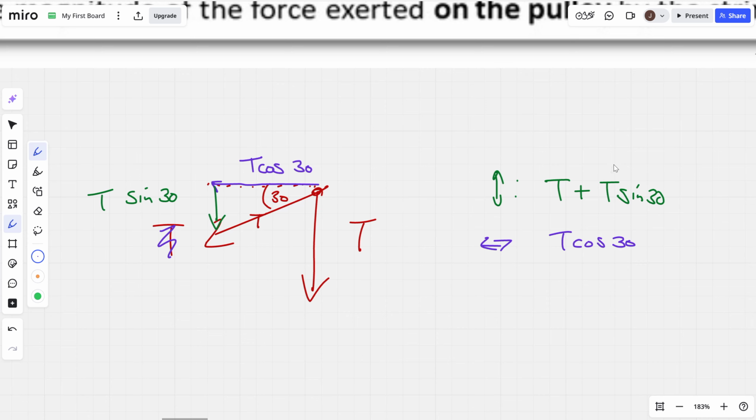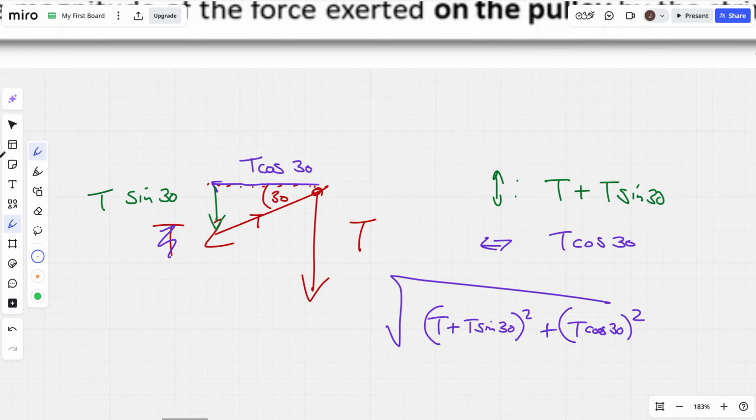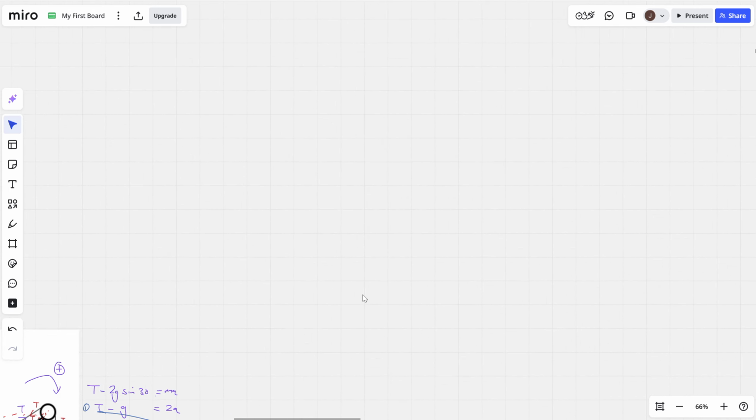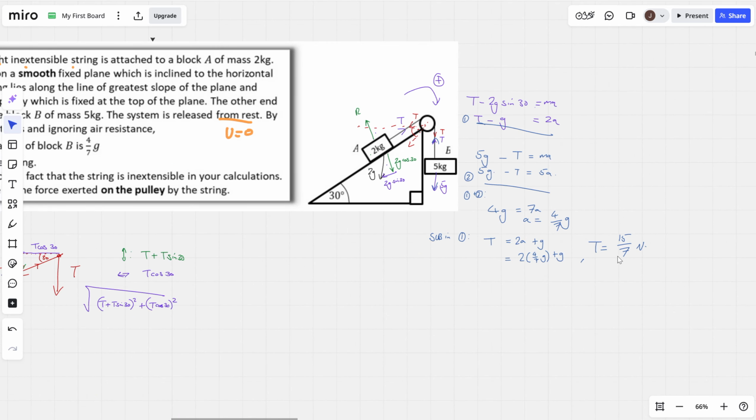Okay, so what's the magnitude? Well, the magnitude is going to be the square root of this bit squared plus this bit squared. Where did we get T from? Well, we already know the number. It's 15/7.